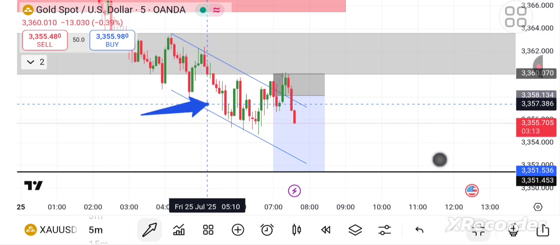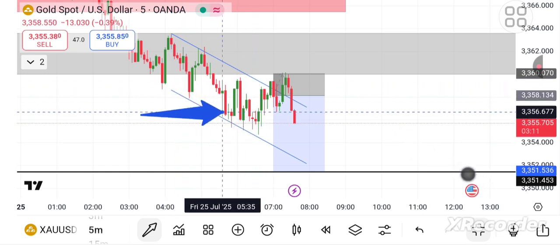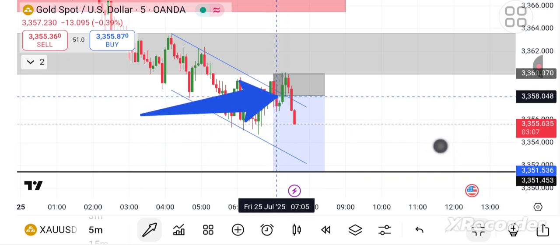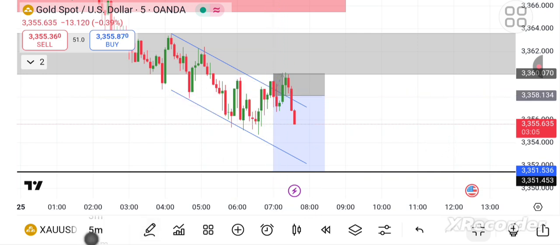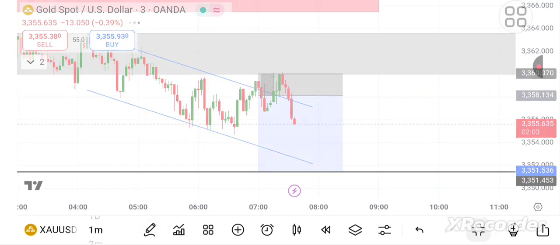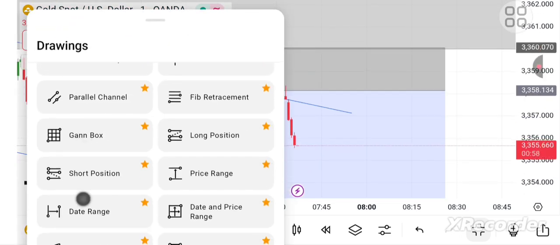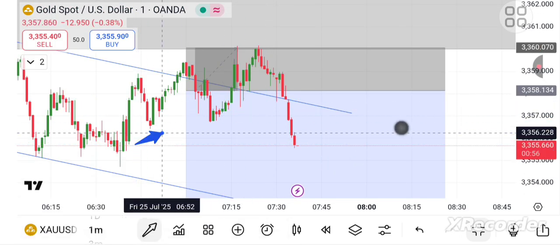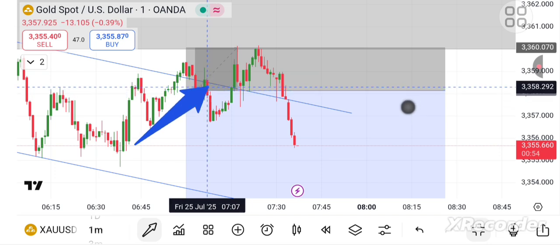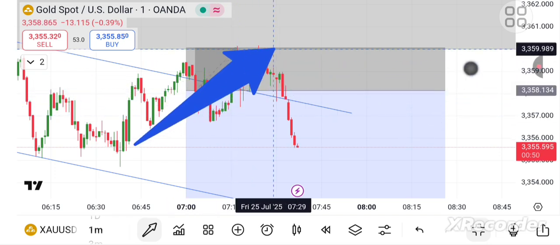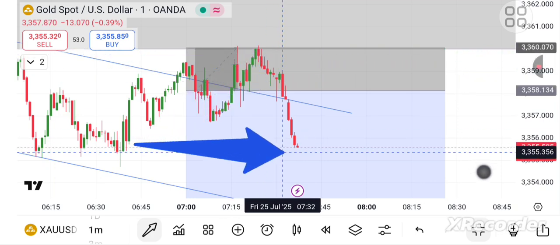So here I was forming a support, so it was forming a bullish flag. I was waiting for price to come back here to retest, because it retested on the 1 minute time frame. Yeah, you see here it retested, giving us pin bar candles. So I took a sell right here, it came back, stopped me out, then it's now dropping.